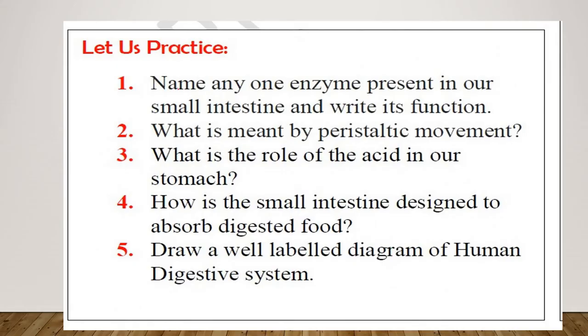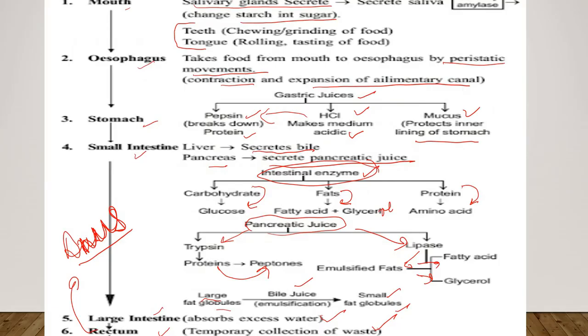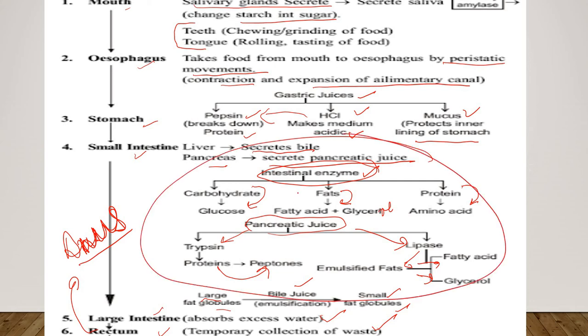Now, question number 1. Name any one enzyme present in our small intestine and write its function. The small intestine has so many, so you can write any one of these and write down the function. You can write trypsin or lipase, which come from pancreatic juice into the small intestine.